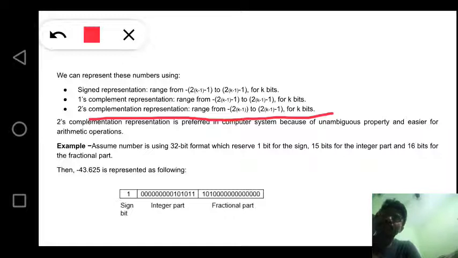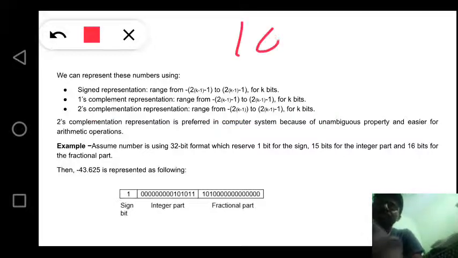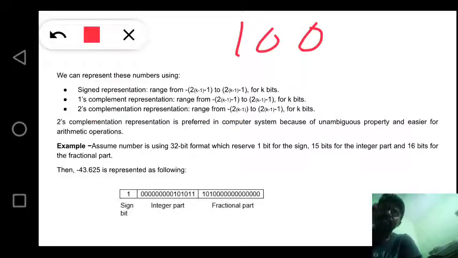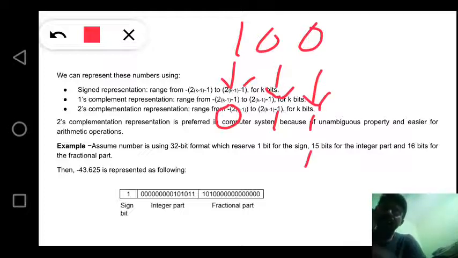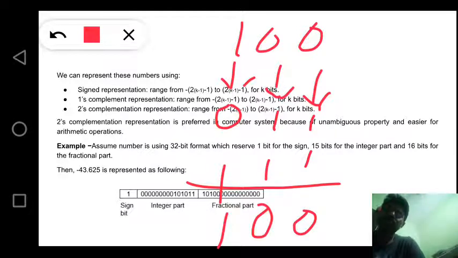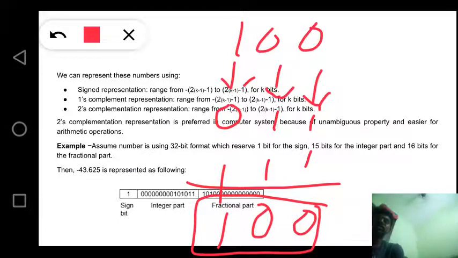But what does this representation mean? Let's take a number. First, you apply ones complement, convert 1 to 0, 0 to 1, and add 1. 1 plus 1, 1 0, 1 plus 1, 1 0. This is called two's complement.